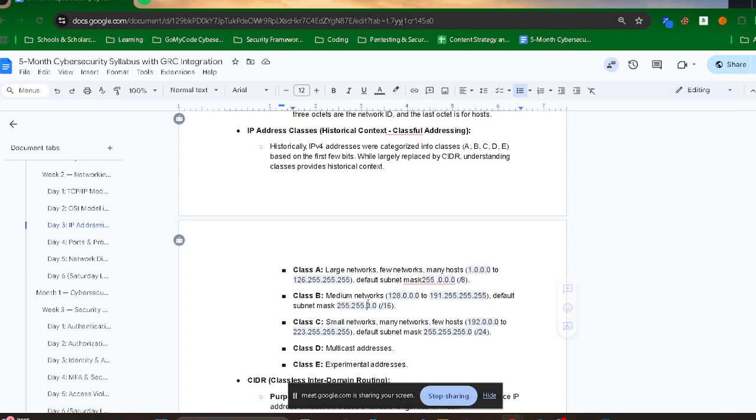I said how many hosts can this one contain? It's 255 times 254. That's the number of hosts. I see that you get it. 255 times 254.